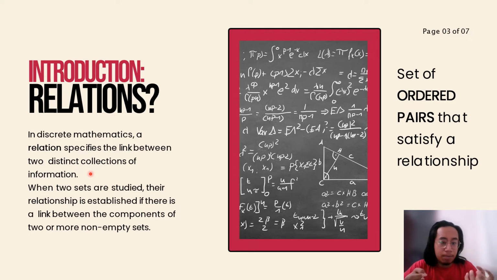So basically, a relation is something that, if there is one collection of information and one more collection of information, what is the relationship between those two collections of information? So basically I write this at the right side, which is the set of ordered pairs that satisfy a relationship. We're going to be studying the example next in this slide.